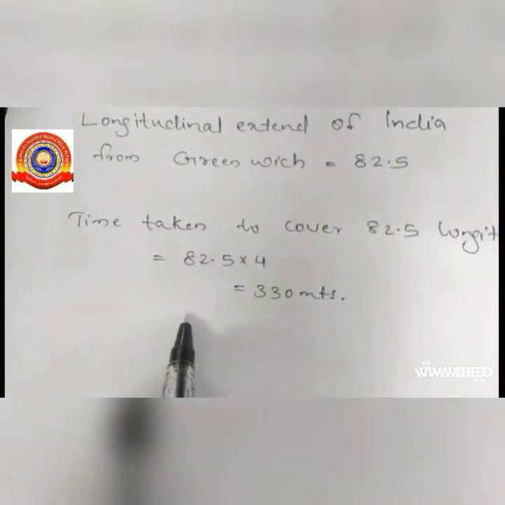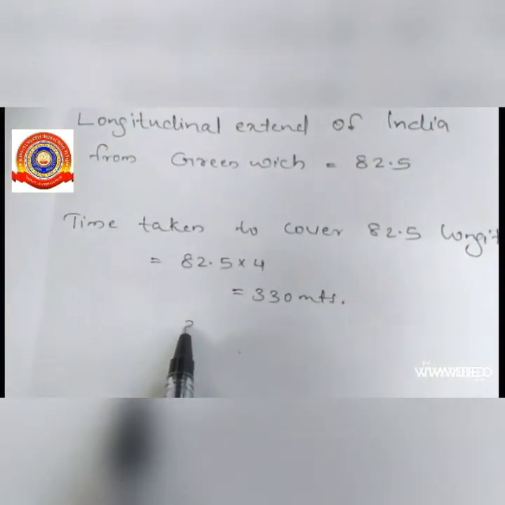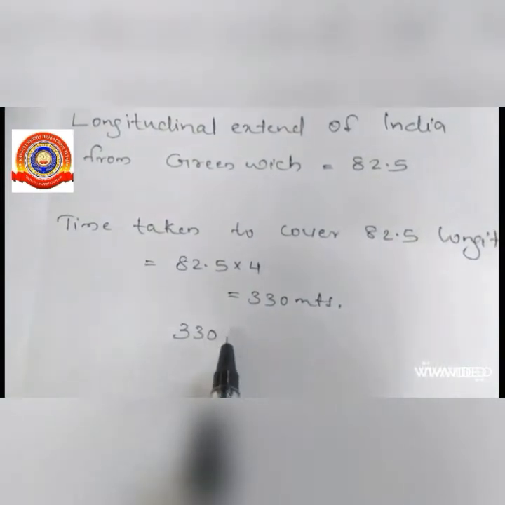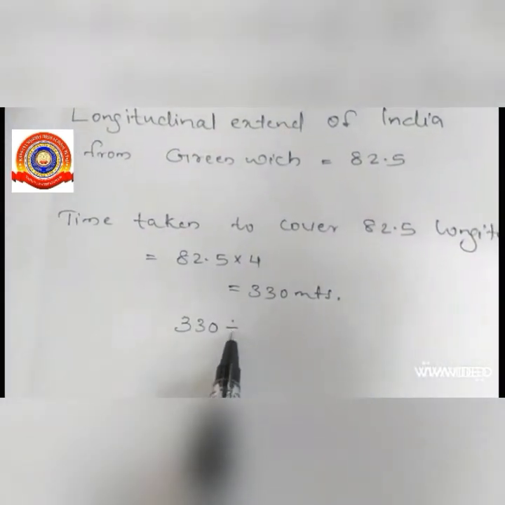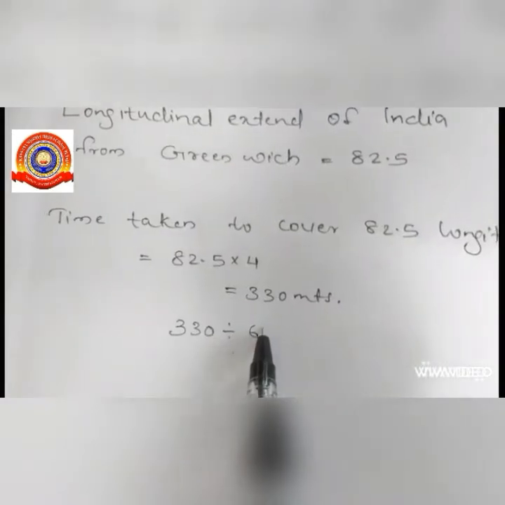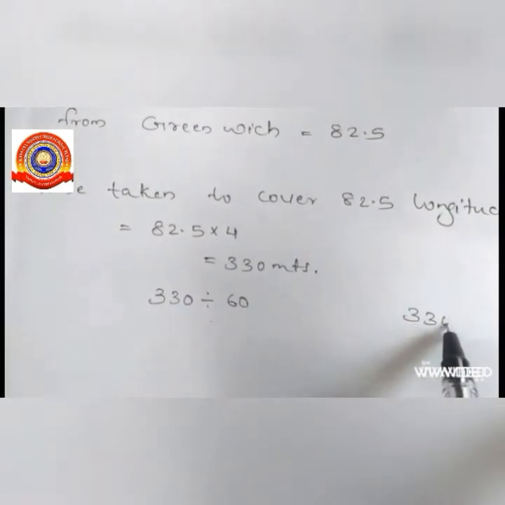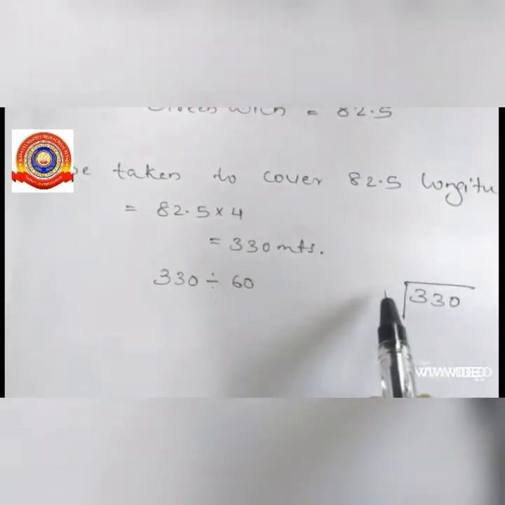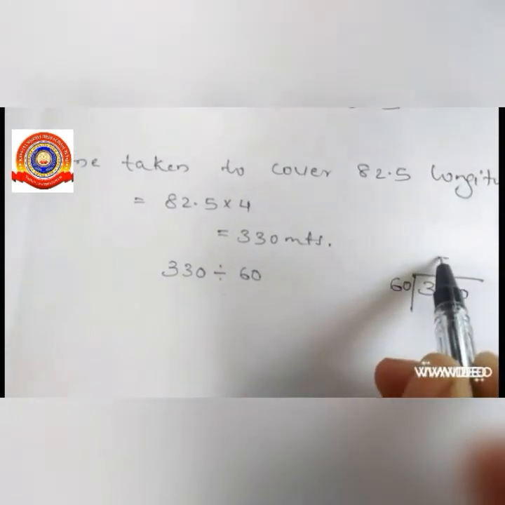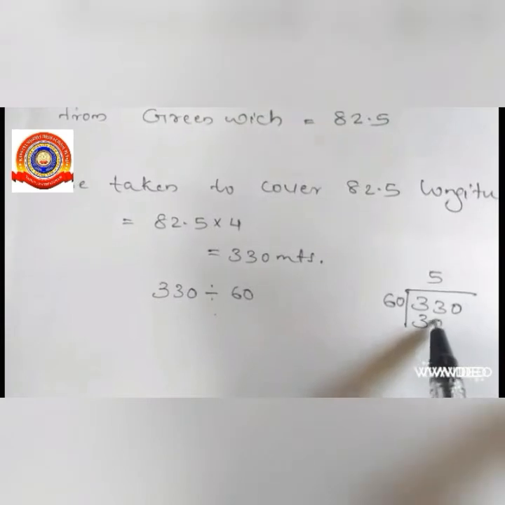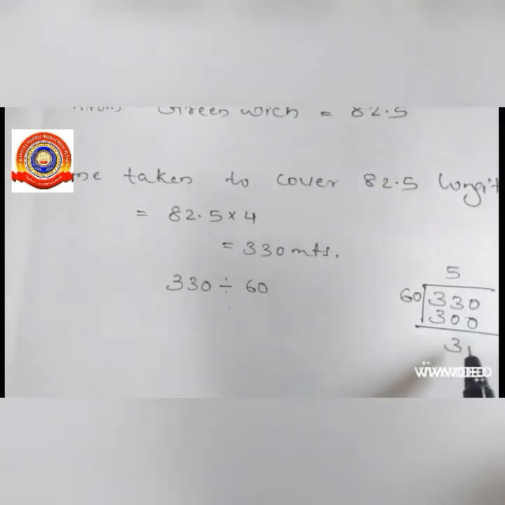Then we convert it into hours. For that, we divide 330 by 60. When we divide 330 by 60, we get 5 hours and remaining 30 minutes.